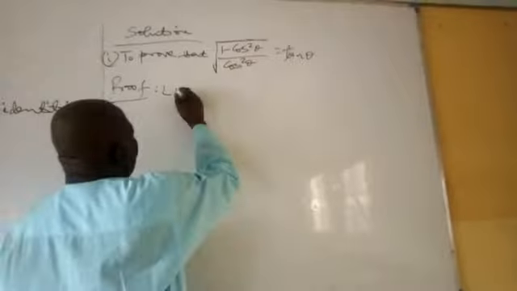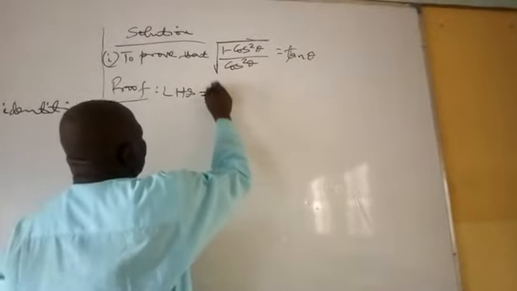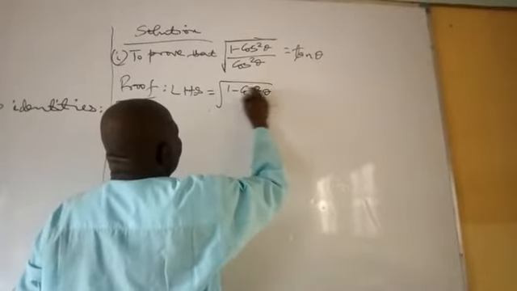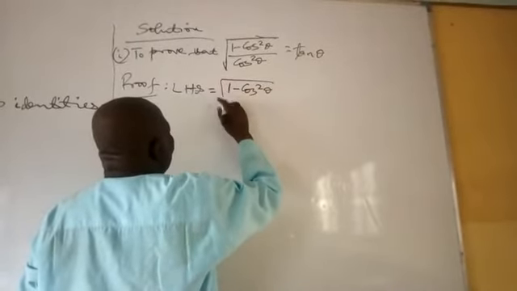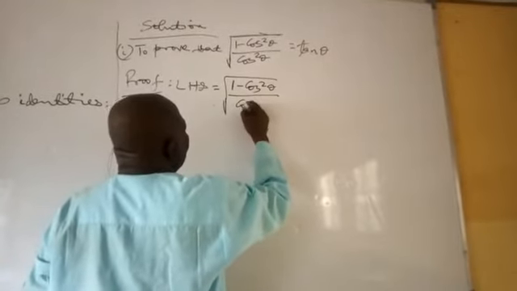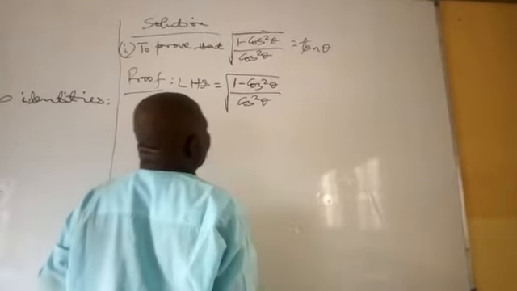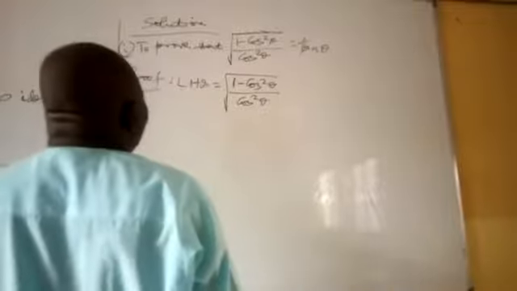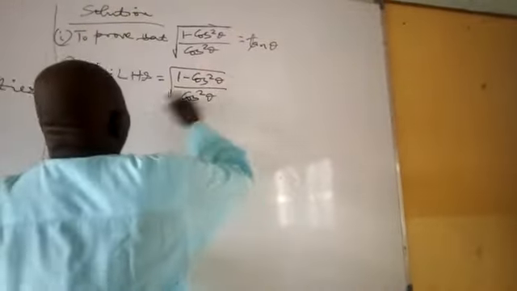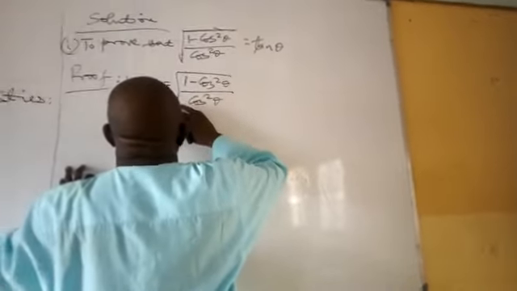The left hand side here is equal to the root of 1 minus cos square theta over cos square theta.